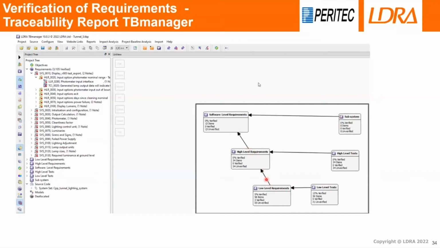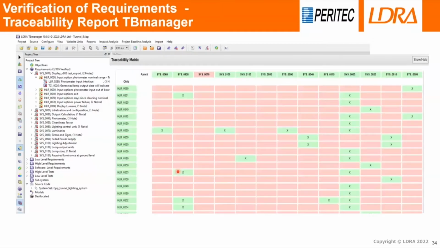Vertical traceability and horizontal traceability can be shown with the tools by integrating with requirement management tools like IBM DOORS, Jira, Jama, Codebeamer, PTC, Silk Road. There are a lot of requirement management tools, and we support all of these. Or even if you write it in Word, Excel, or PDF, we can support it.